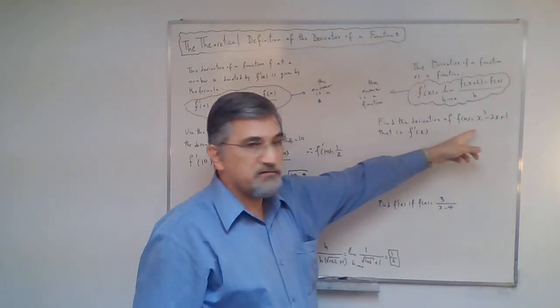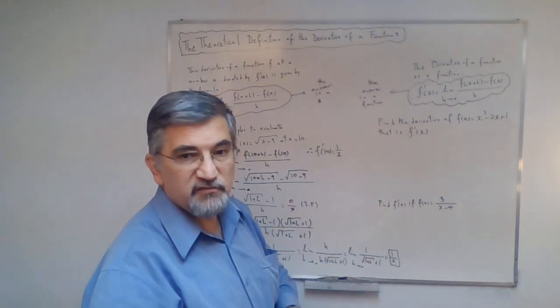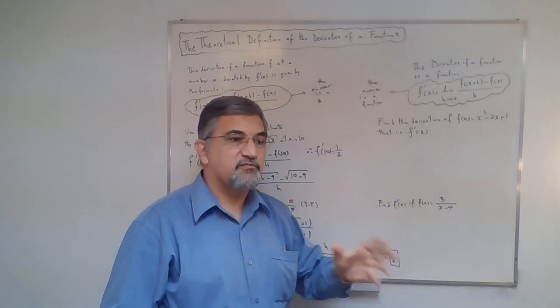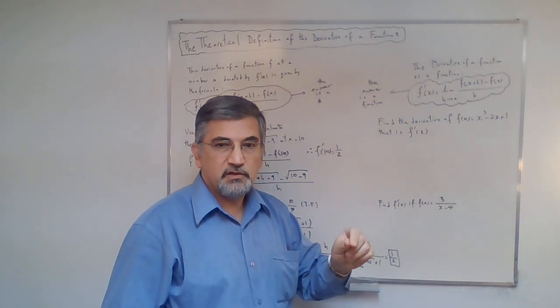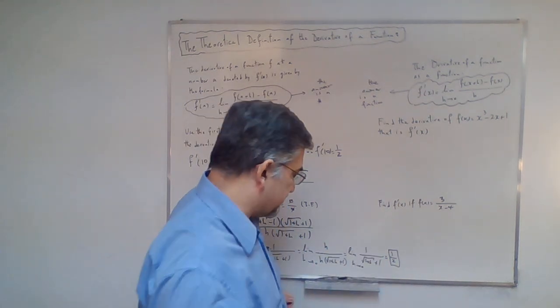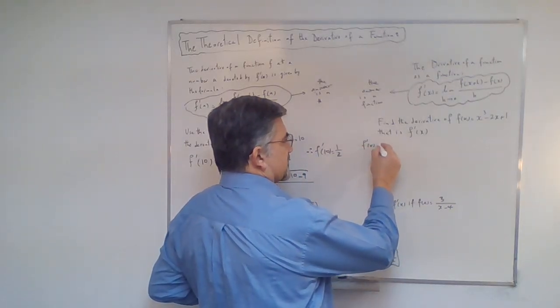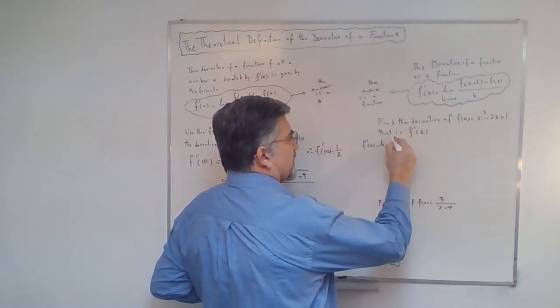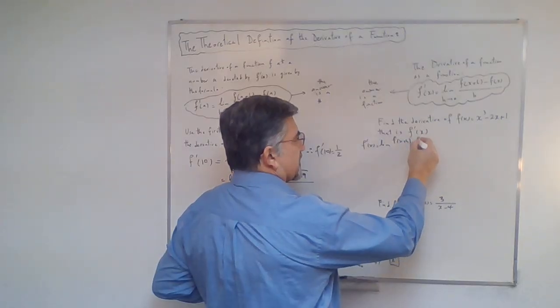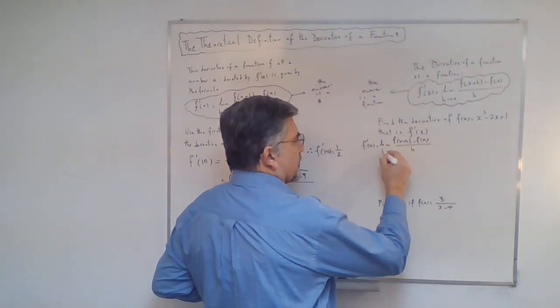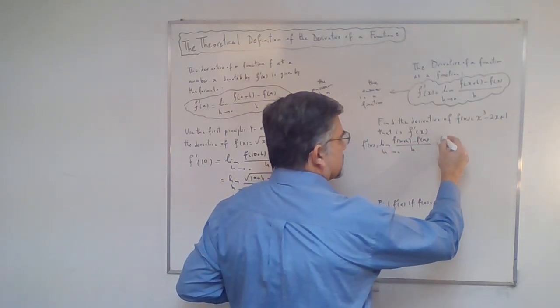Okay, so we have a cubic function here, and we want to find f prime of x. Not f prime at a particular number, but f prime of x in general as a function. So again, we're going to say f prime of x equals limit of f at x plus h minus f of x. We are going to do the substitution.